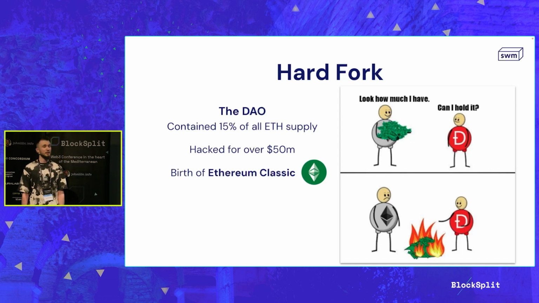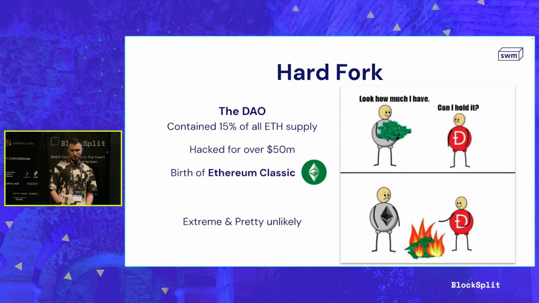But others say that it was absolutely okay in this specific case because so much ETH has been stolen. But yeah, it is an extreme case and pretty unlikely unless you control like half of the nodes in the network. It probably won't happen when your smart contract gets exploited.